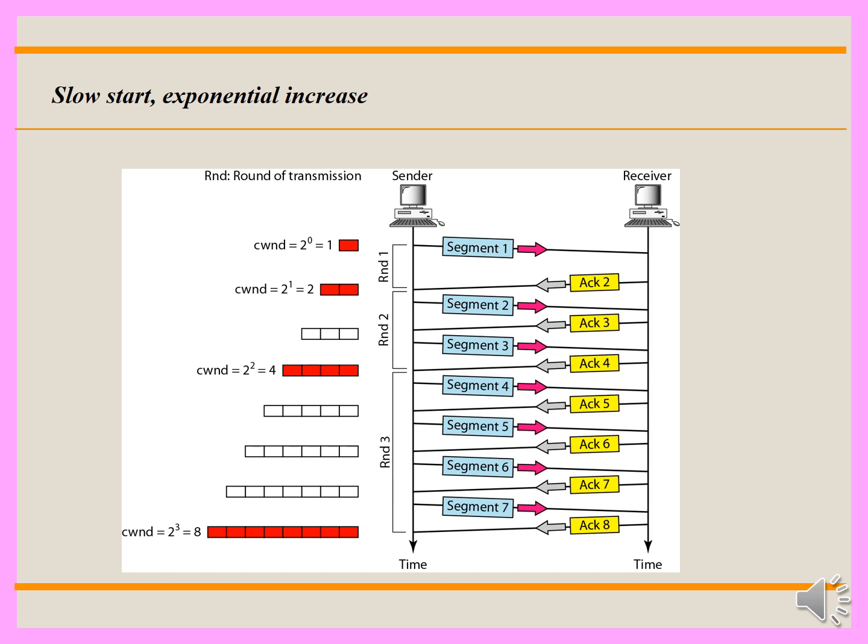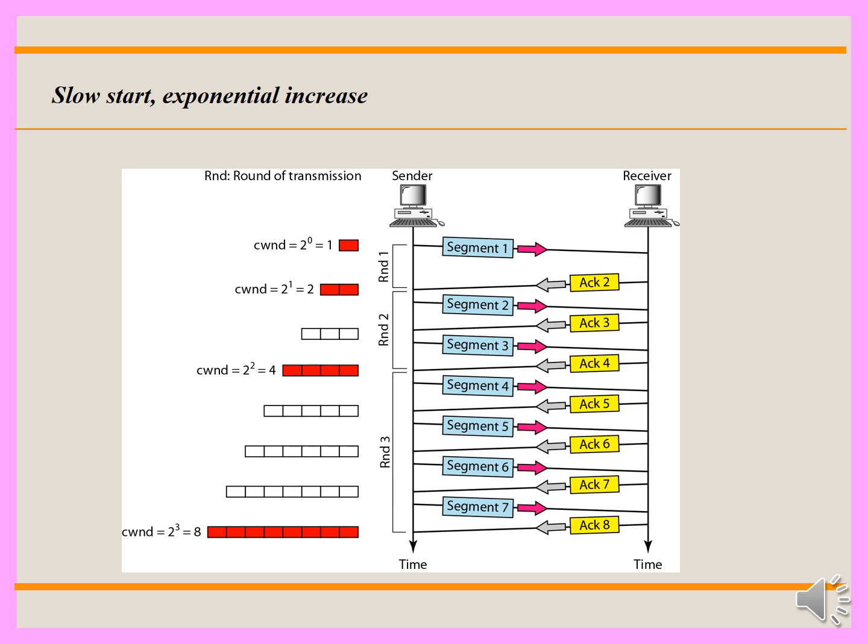During congestion establishment, the size of the window is increased when the acknowledgement is received. As the name suggests, it is an exponential increase: 2 raised to 0, 2 raised to 1, 2 raised to 2, and so on.